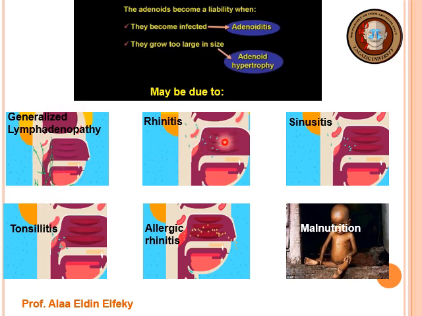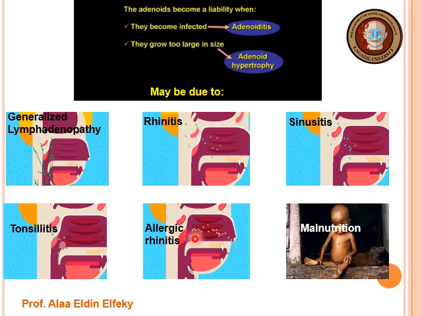Then rhinitis. Any recurrent attacks of acute rhinitis can infect the nasopharyngeal tonsil and cause adenoiditis. Also, recurrent attacks of sinusitis can infect the adenoids. Also, tonsillitis. Recurrent attacks of tonsillitis can cause adenoiditis.